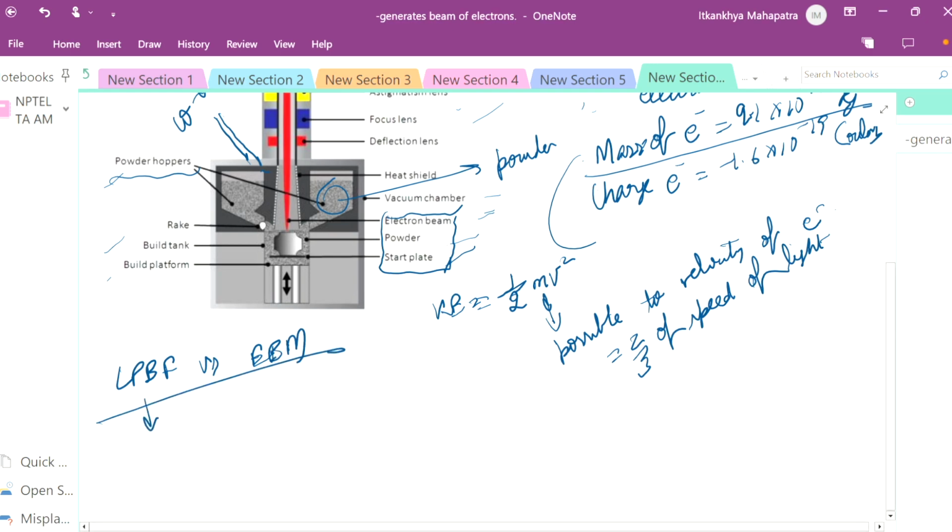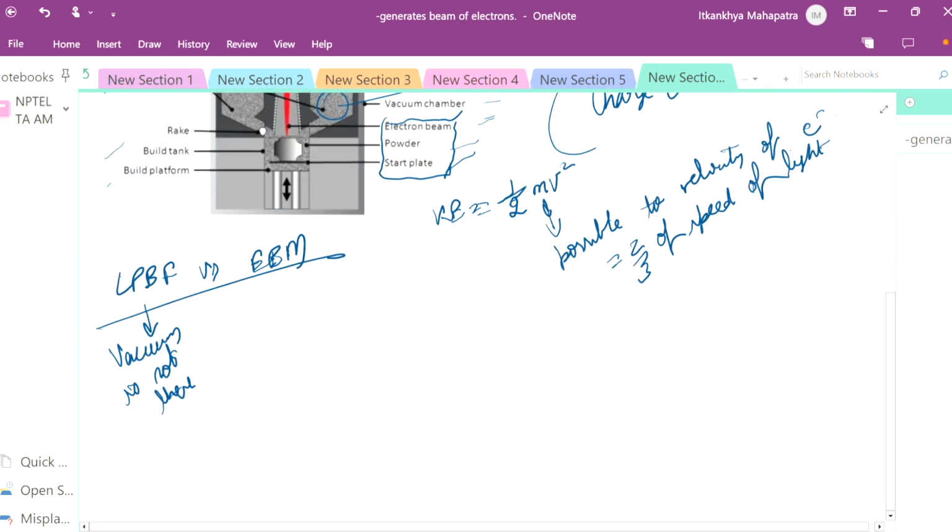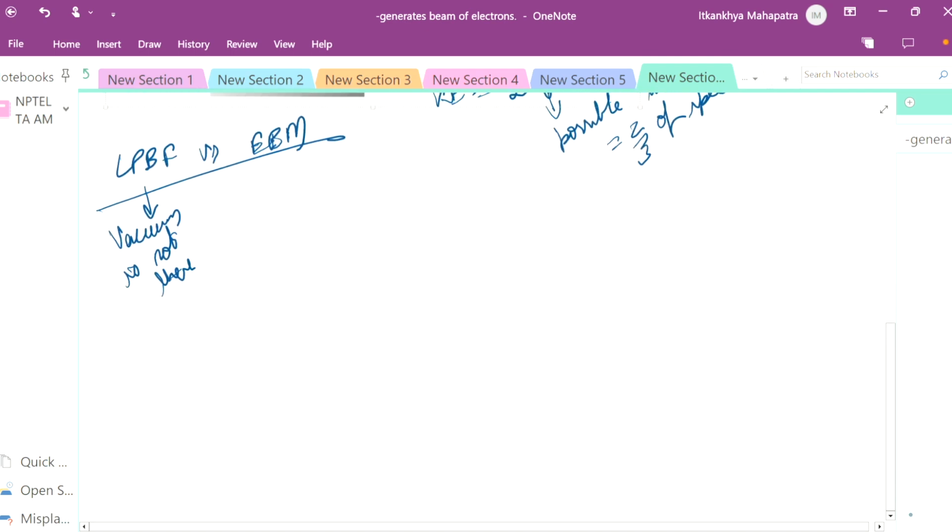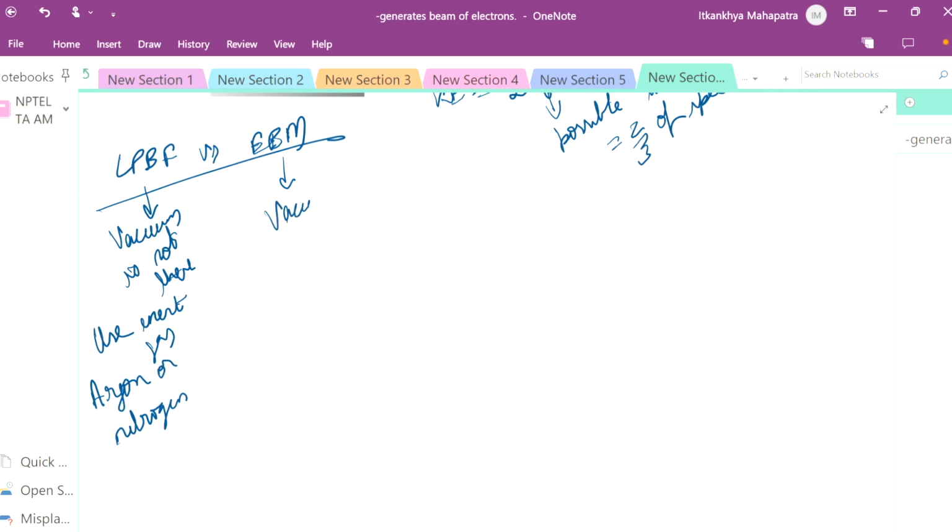Here vacuum is not there, we use inert gas, argon or nitrogen, but in EBM we have vacuum. No need to supply any inert gas.